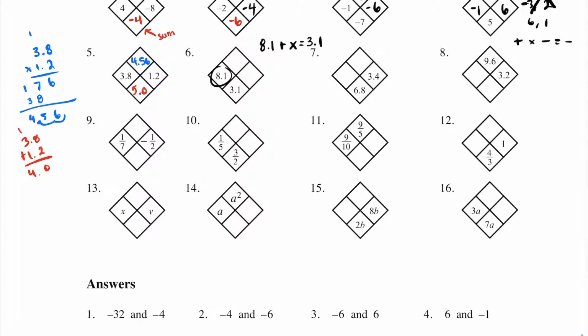And I highly suggest you guys get comfortable with writing equations like this because it's a necessary skill that's never really going to go away. The more you do math, the more you will be using equations. Okay? So let's go ahead and solve this equation. I'm going to subtract 8.1 from both sides. So it looks like x is going to be equal to -5.